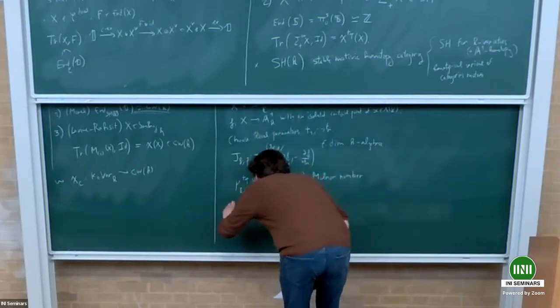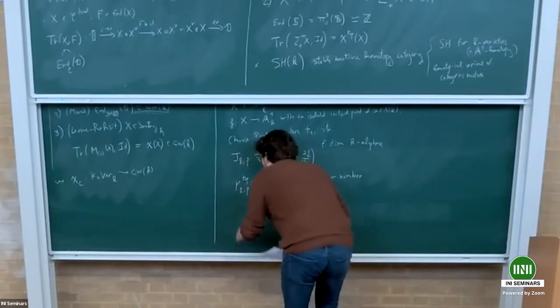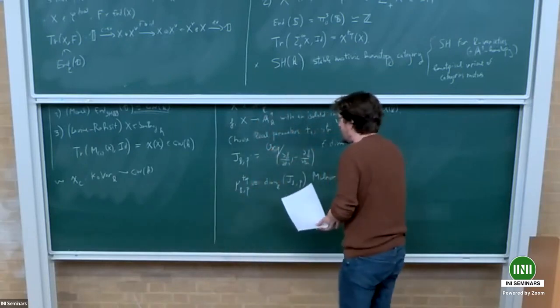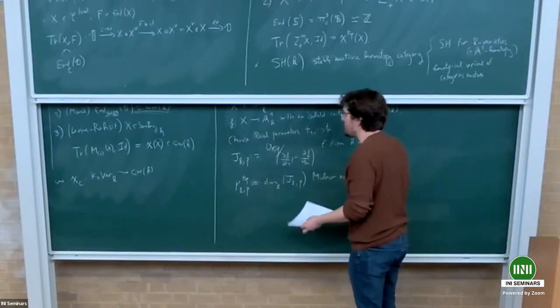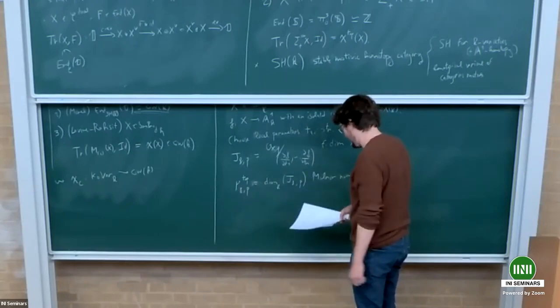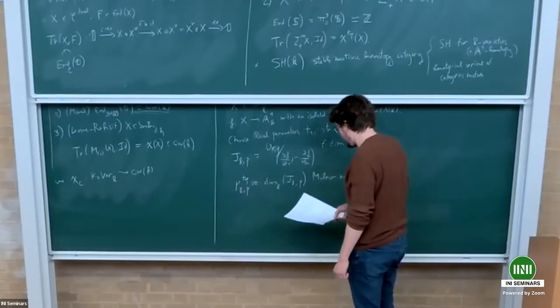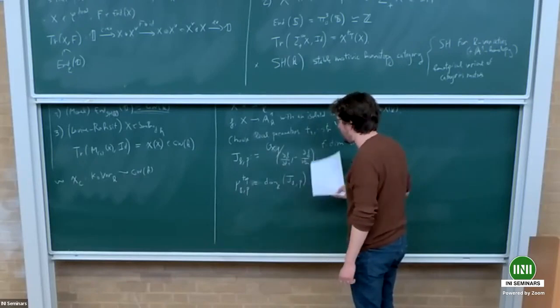The point is, and I don't want to go through the full story here, but basically you can use Grothendieck duality for this ideal to define a quadratic form on this thing.